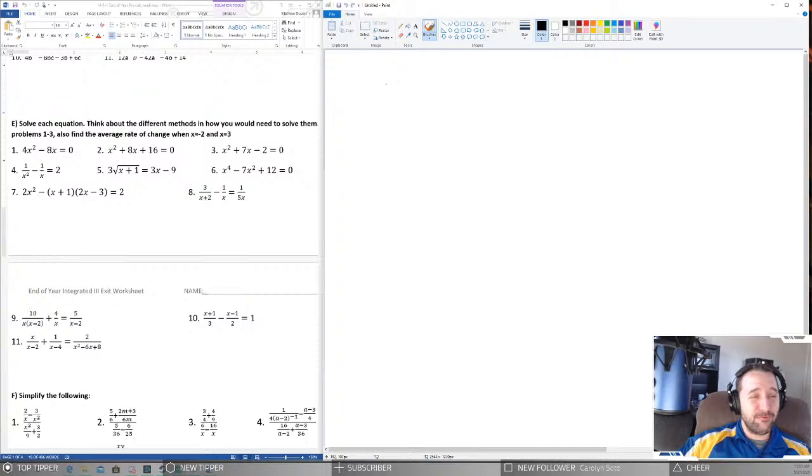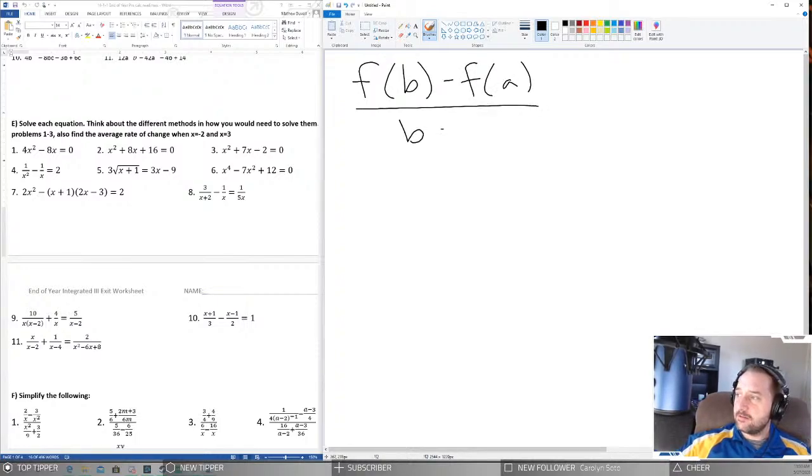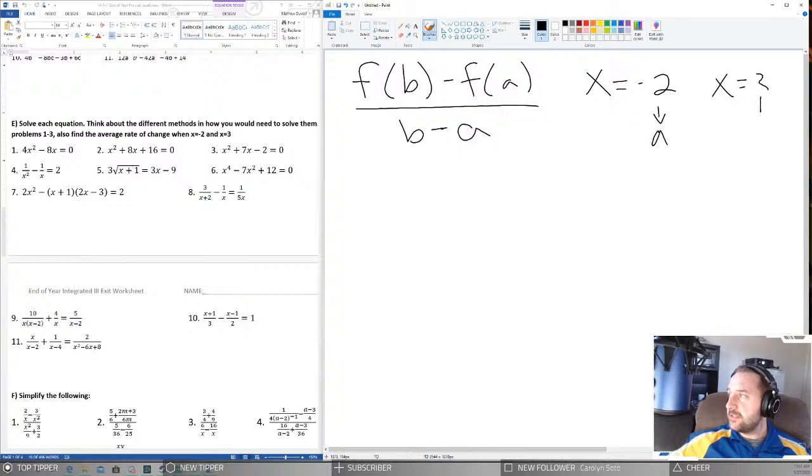We briefly talked about it, and this is essentially what it is. So, for example, the two x values that it gives you, this is your A and this is your B. So essentially, it's saying your function with B plugged in.